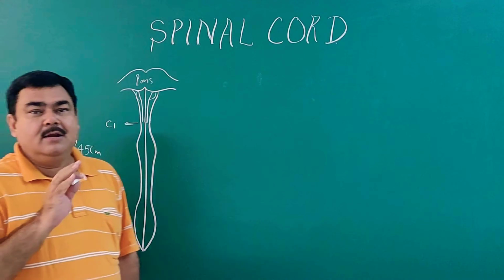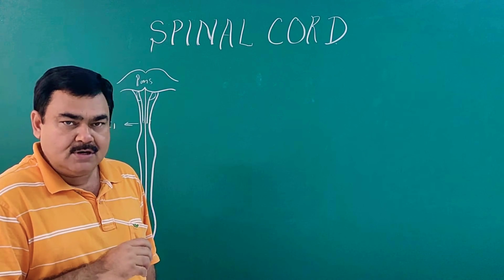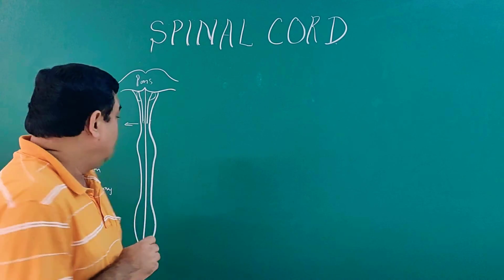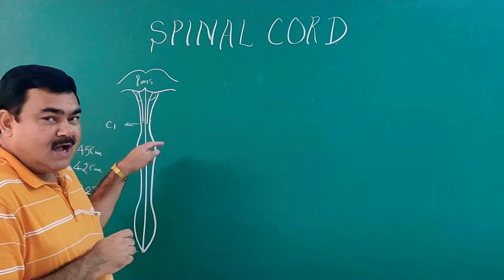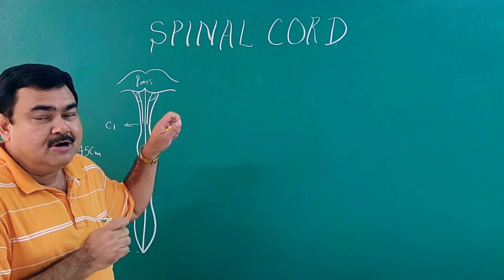During intrauterine life, during the third month, the length of the spinal cord is equal to the length of the vertebral canal.